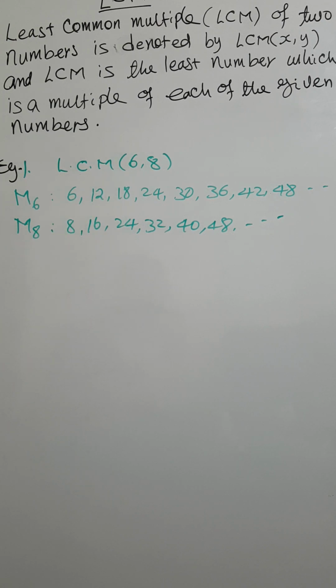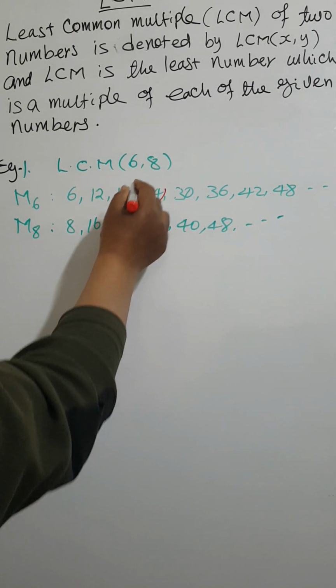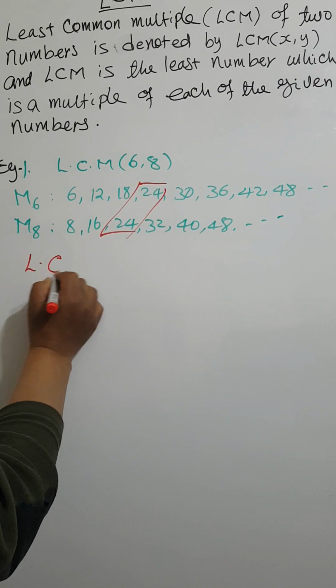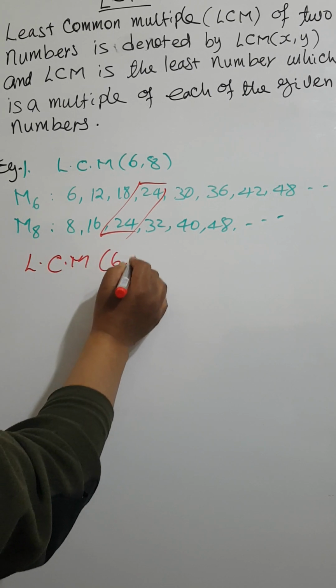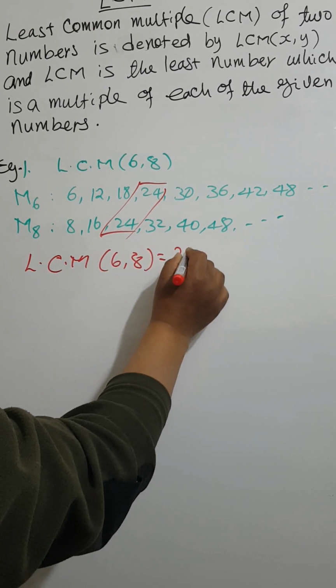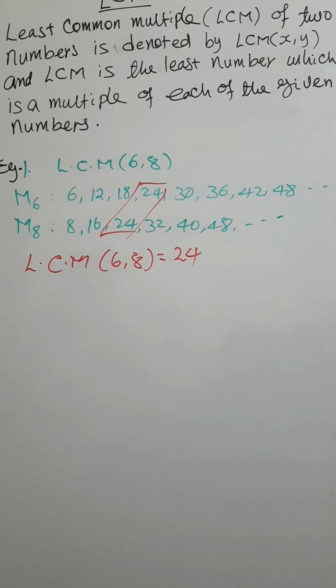So the LCM of 6 and 8 is simply 24, because LCM is simply the least number.